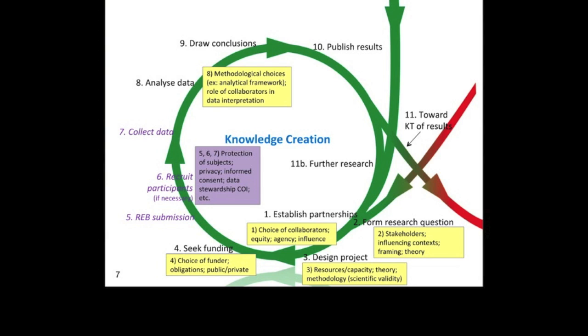But interpretation of data, to be ethical, has to be done in the context of who is collaborating with us. So in the case of the hip replacement, the person that is going to receive the hip replacement has a voice on what is the best choice.